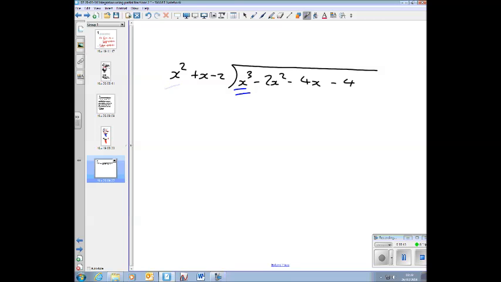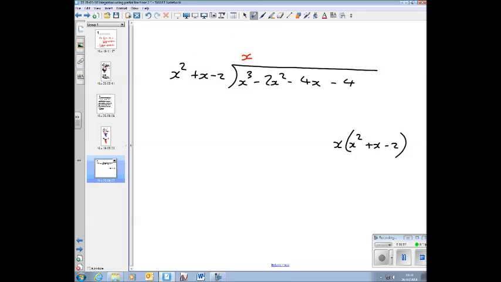What have I got to do to x squared to get x cubed? Multiply by x. What is x times this expression? What is x times, effectively, write it down here somewhere, x squared plus x minus 2?